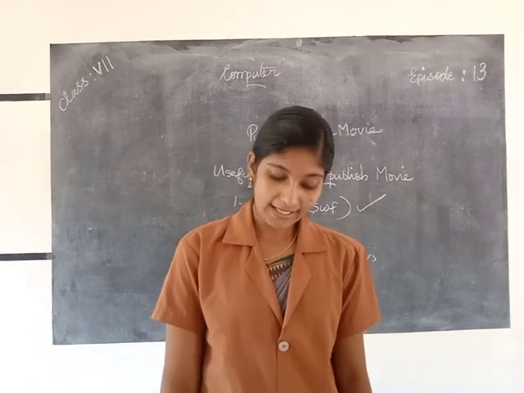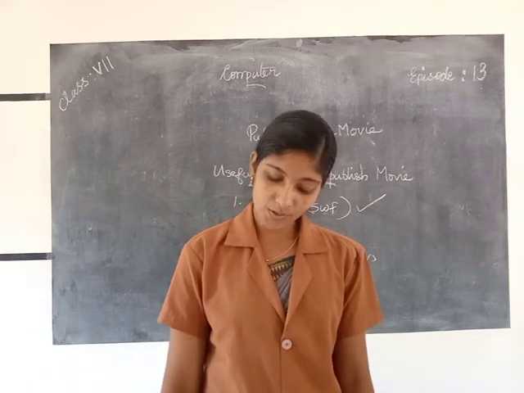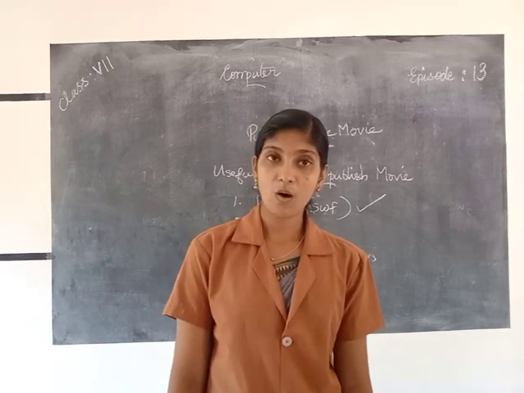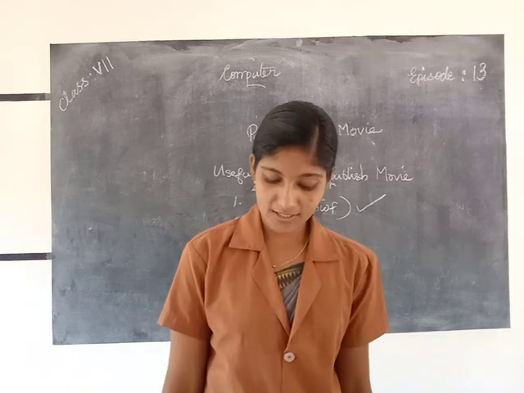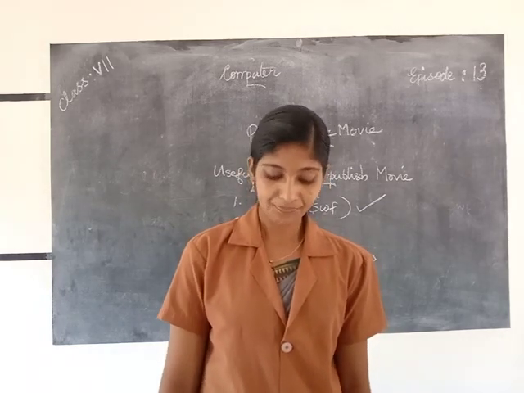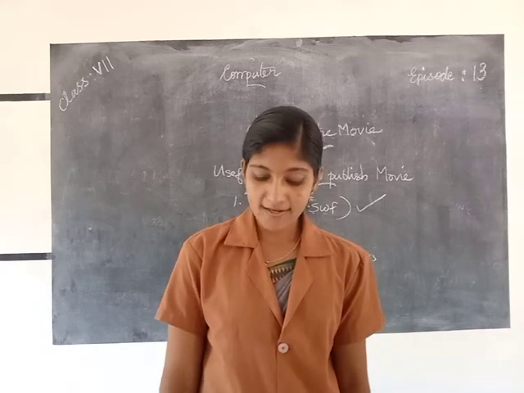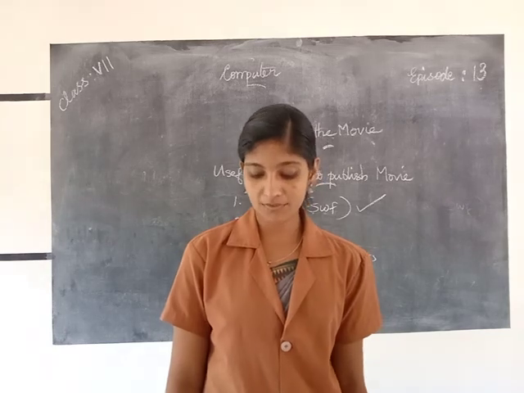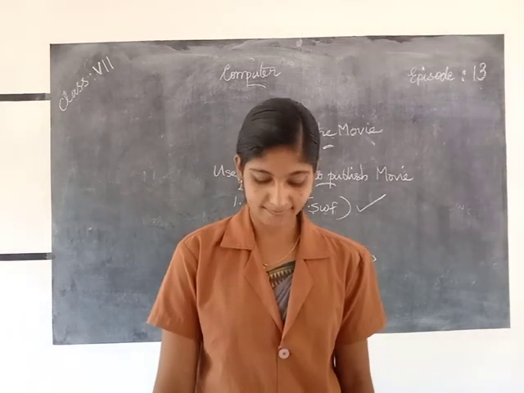First question, in the over state of the button, the user brings the mouse pointer over the button. Which state? Over state. Then second question, in the down state the button is clicked.